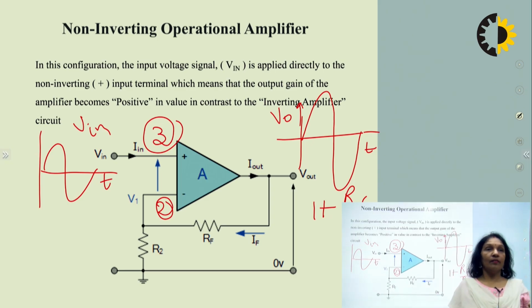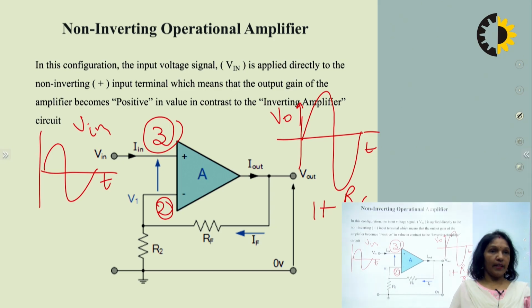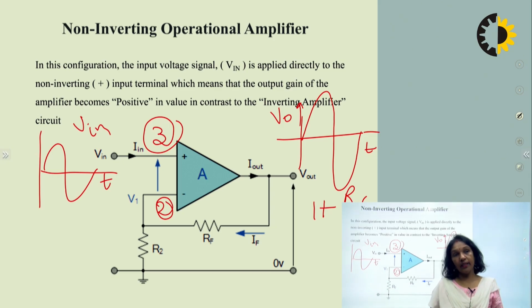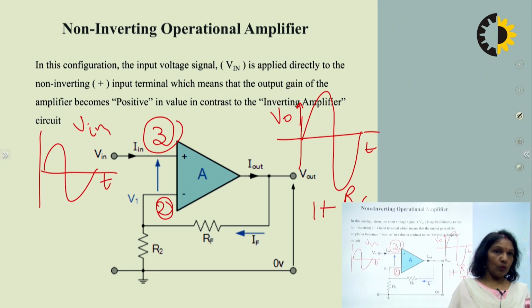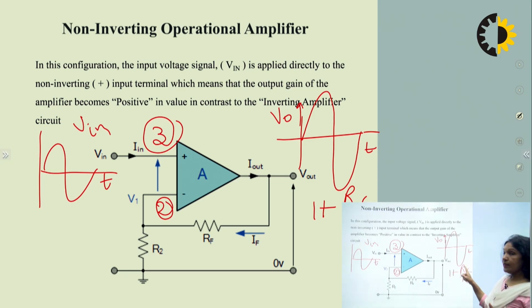One is that a 180 degree phase shift takes place in the inverting amplifier. As the name says, it is inverting, so it will invert the input signal at the output side. Second is the gain. In the case of the inverting amplifier, the gain is only RF by R1, whereas in the case of the non-inverting amplifier, the gain is slightly increased by an amount of 1 plus RF by R1.